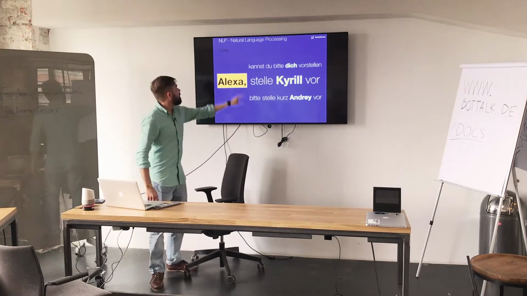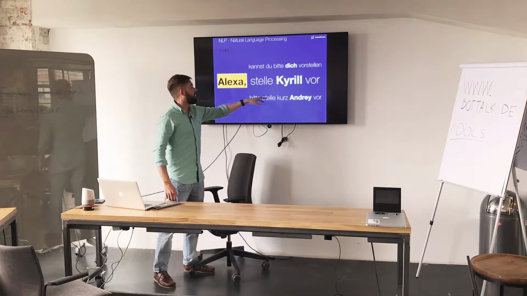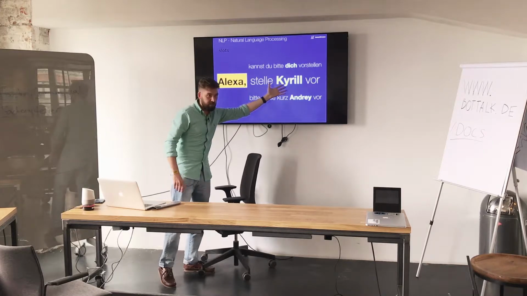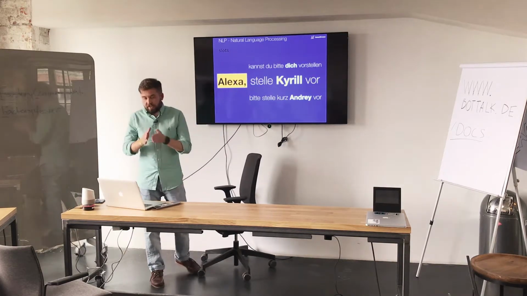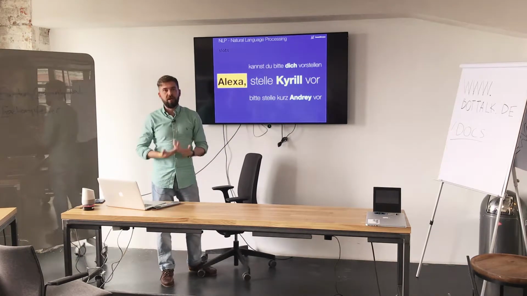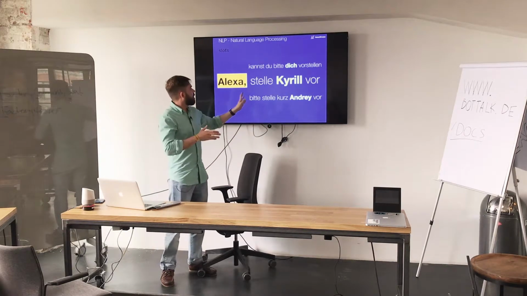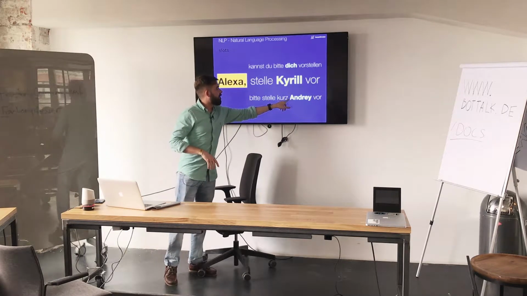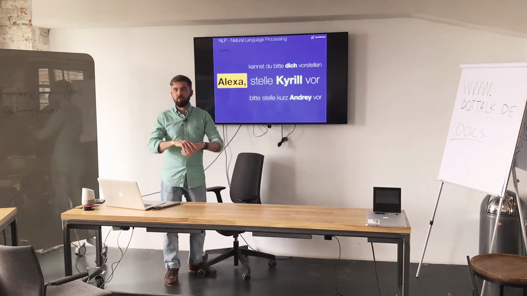And of course, there are slots. So you can say, okay, please tell me more about Andrey. Please tell me more about someone else, or just please tell me more about yourself. So these are the slots. Slots are filled with the actual name. The way it works, you just write in your script that this will be a variant, and then something will come up in the middle, and this something will be a name.